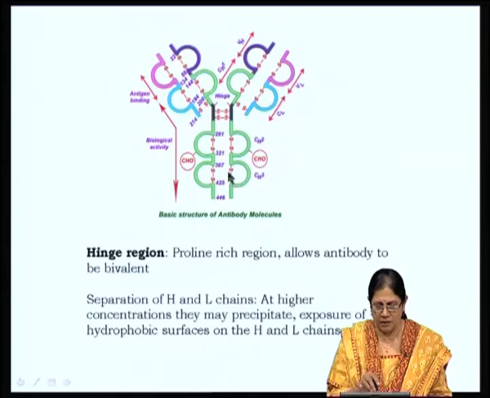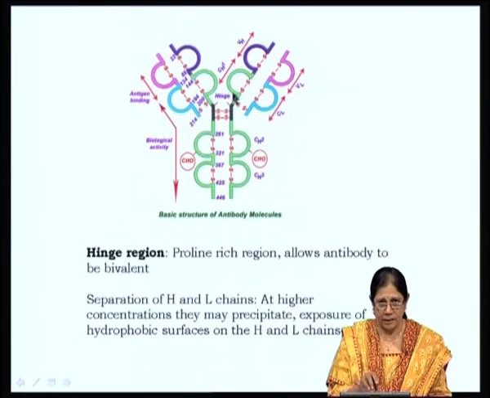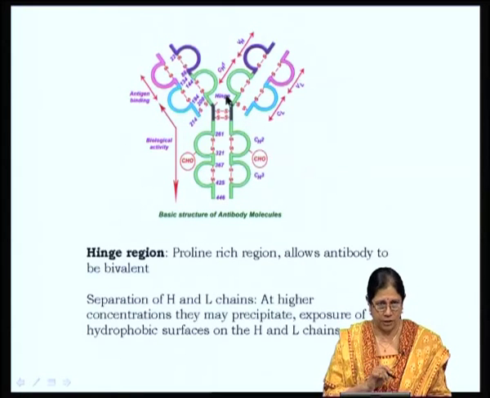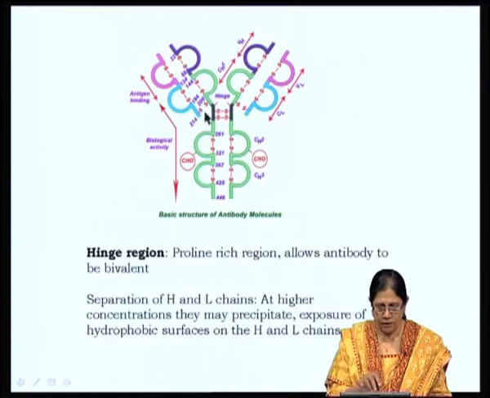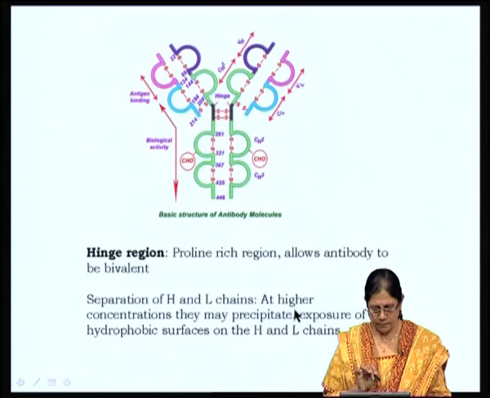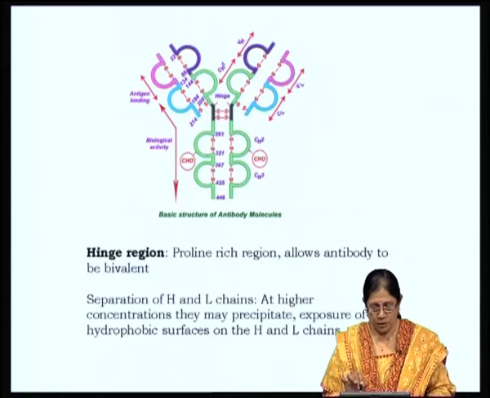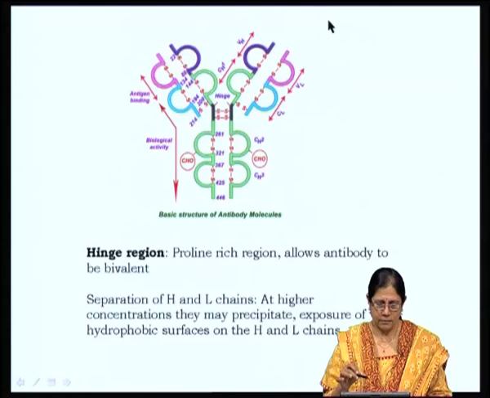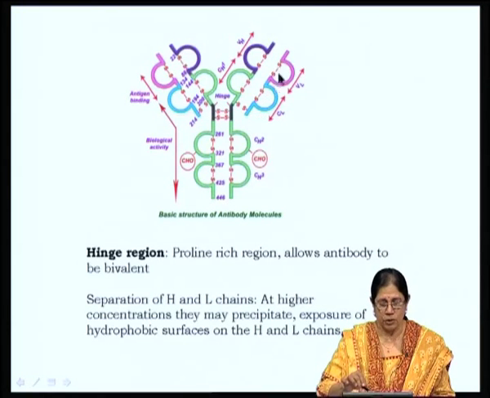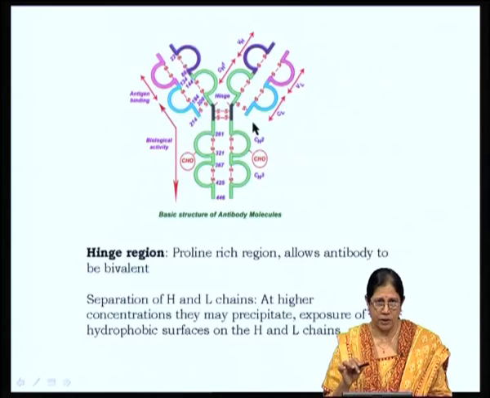Experimentalists have tried to see whether the light chains can bind to the antigen when separate from the heavy chain. Now, it was seen that at higher concentrations of the immunoglobulin, reduction leads to precipitation, and this heavy chain, as I probably mentioned to you, heavy chain alone, if soluble, can bind to antigen. The light chain usually does not show any binding to antigen.